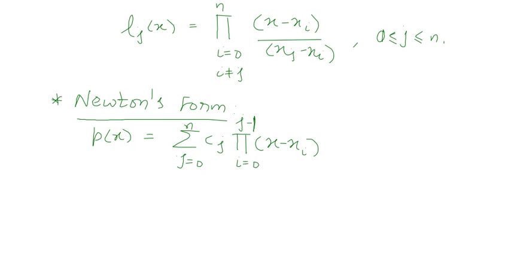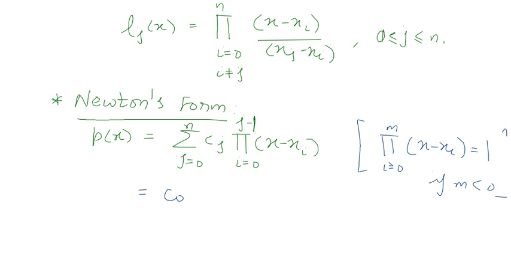Here we have the convention that the product over i equals 0 to m of x minus xi is equal to 1 if m is less than 0, because for j equals 0 it is running from i equals 0 to minus 1. Or you can write it as c0 plus summation j equals 1 to n, cj times the product over i equals 0 to j minus 1 of x minus xi.